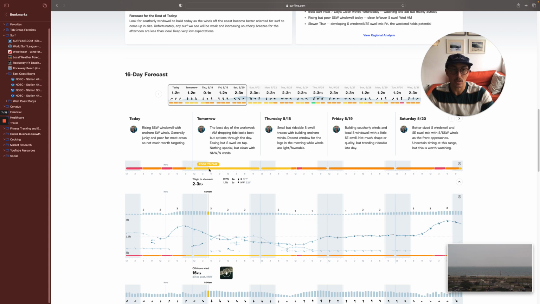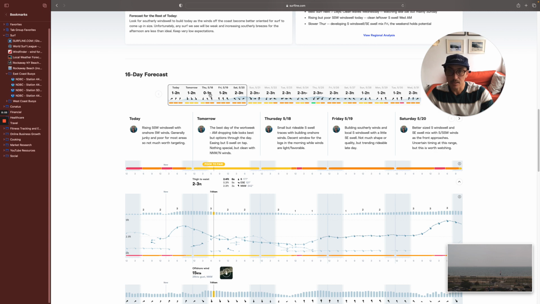It might be a little bit more crowded, even though it's not good to epic, because we just have had so little surf. Compared to today, anything that they start rating higher is going to be a little bit more crowded. And we are in line there, 1 to 2 foot. And this is the window where they're similar, so we're in line.